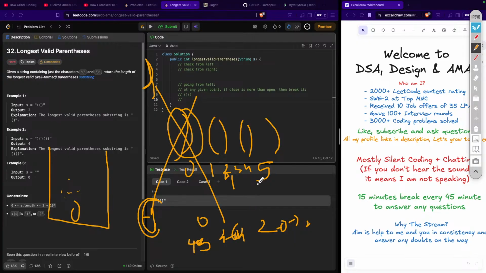Then I'll come with 5. 5, stack will pop, stack becomes empty, so start from 5, I think. So whenever you are seeing an invalid parenthesis, invalid I will only see when my stack is 0. So that means that you are starting from that point.